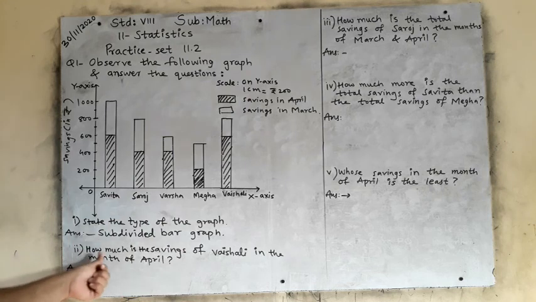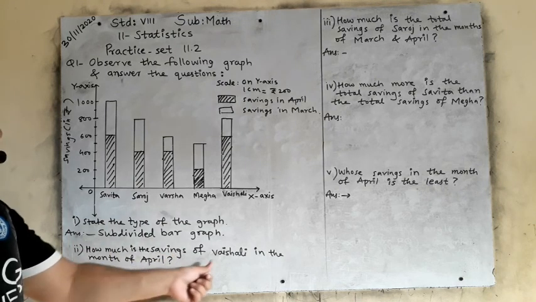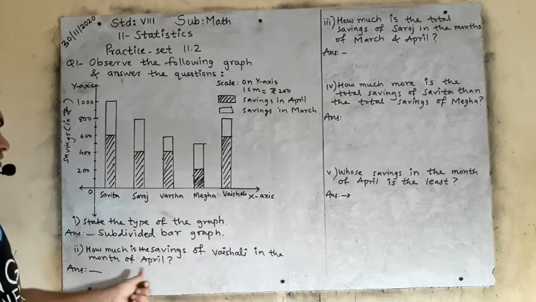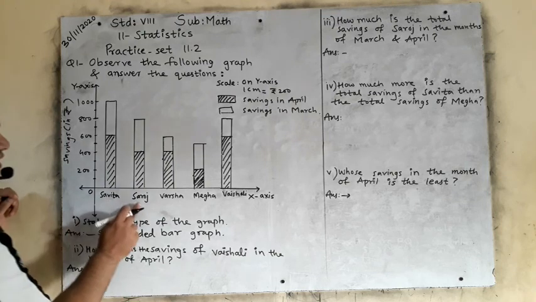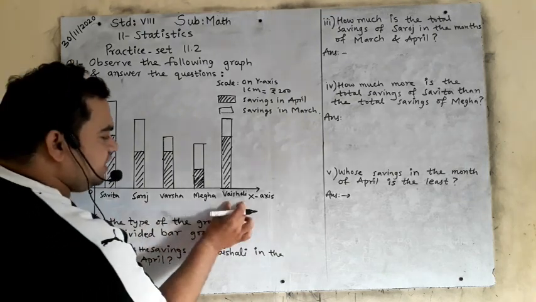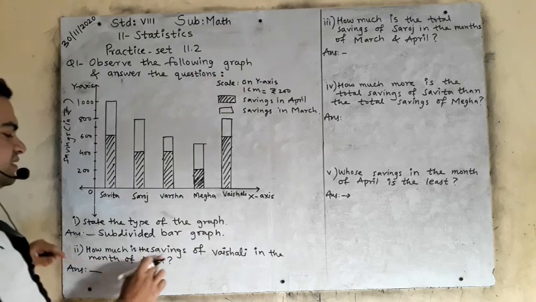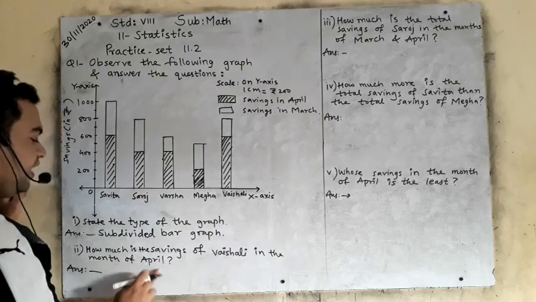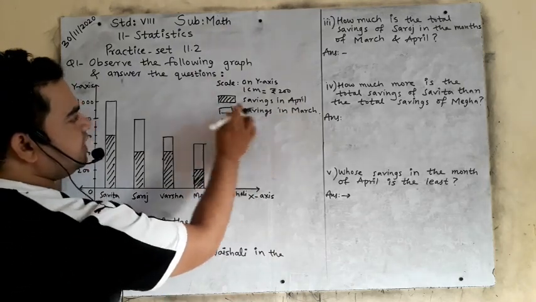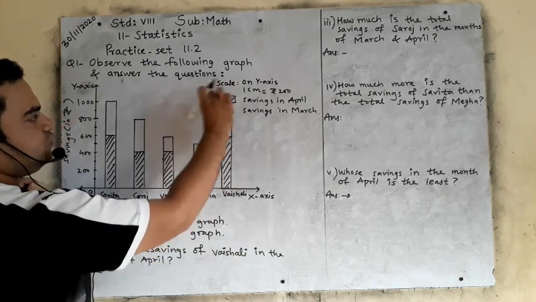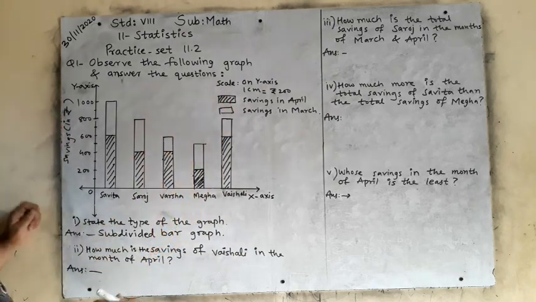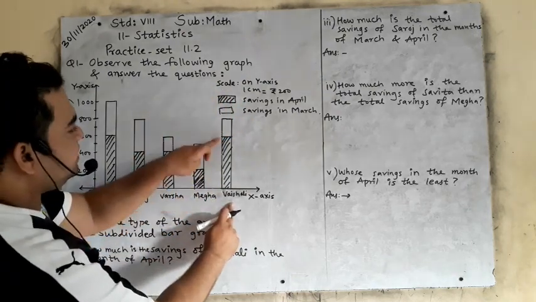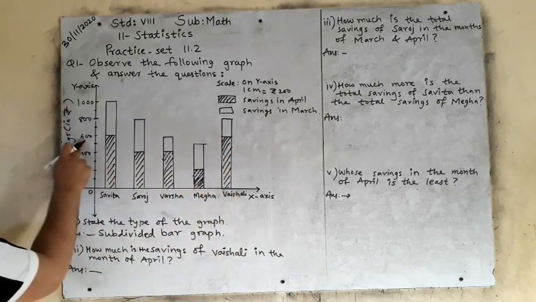Now see, how much is the savings of Vaishali in the month of April? See the names: Vaishali, Savita, Saroj, Varsha, Megha. This is Vaishali. April and March: April is the filled part. So Vaishali's filled part is at which number? See here, 600.